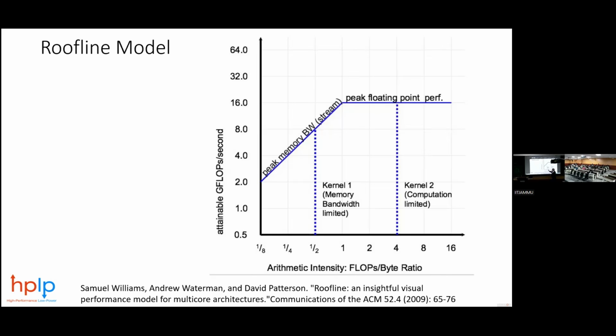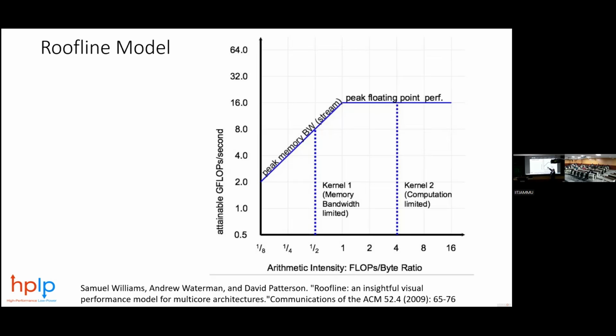So if I'm on the right here, I have a high arithmetic intensity, which is a reuse of memory. If I'm on this side here, I'm bottlenecked by the memory, because not only do I not have reuse, but I basically need twice the memory to do one operation.